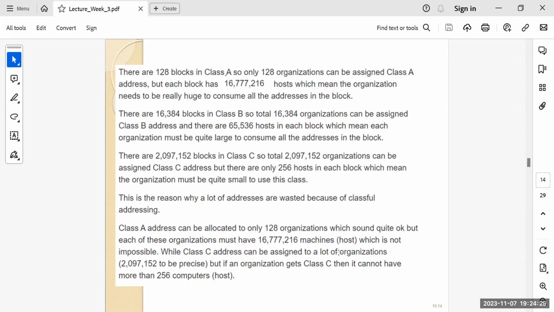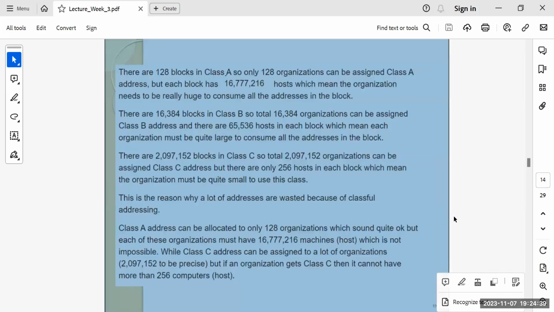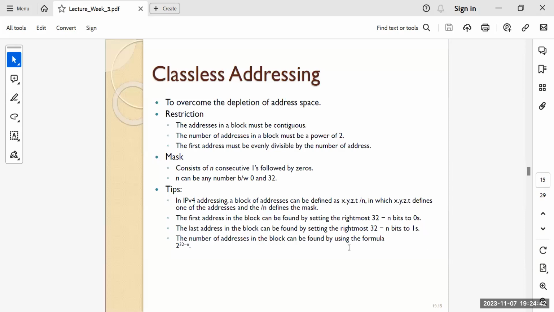Class C address can be assigned to a lot of different organizations. But if an organization gets a class C, it cannot have more than 256 computers. So that's the drawback. This is a trade-off, and you have to live with that trade-off. And that is why the classful addressing scheme is not very suitable, and you have to see the classless addressing scheme.